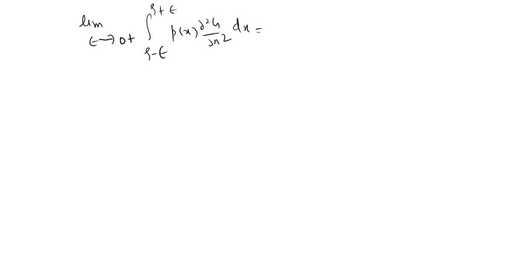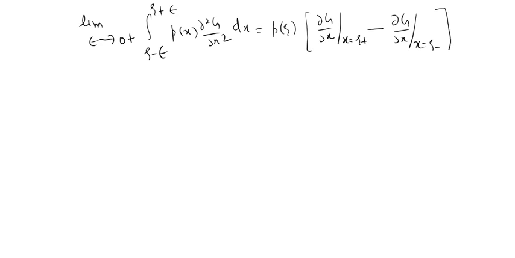If you plug in the limit, this will be p(xi) times the first derivative at x = xi plus minus the left limit. The second derivative gives the first derivative: upper limit minus lower limit, and you can take p(xi) outside. So this is equation number 7, and this is equal to 1.